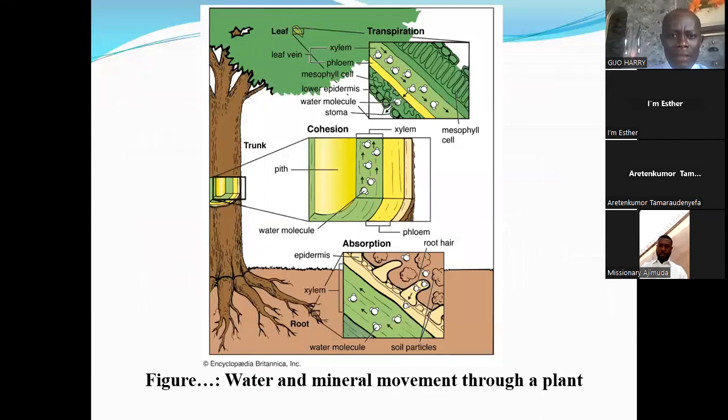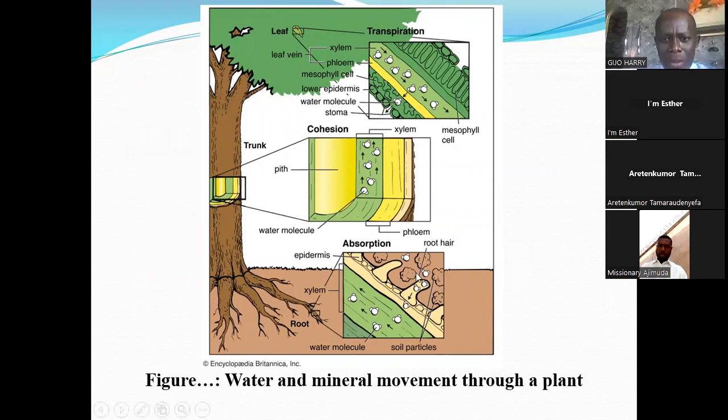So here is a diagram that is showing how water and minerals are moved upward from the roots to the leaves. Down here, you see the root hairs.